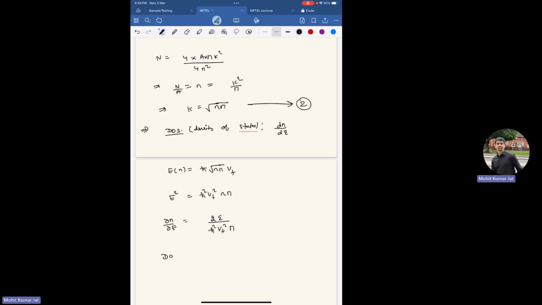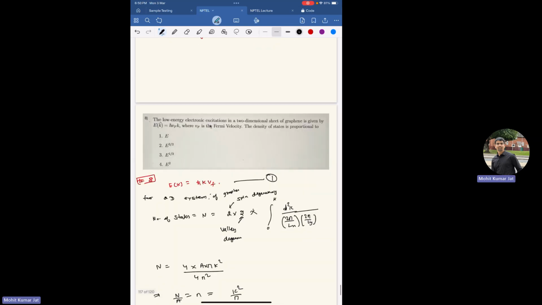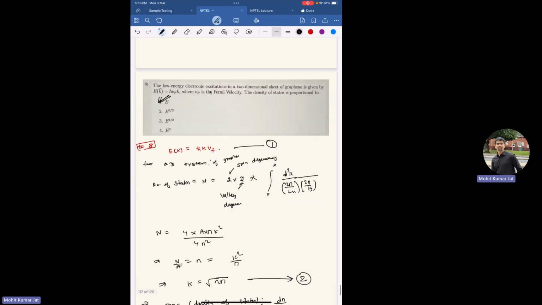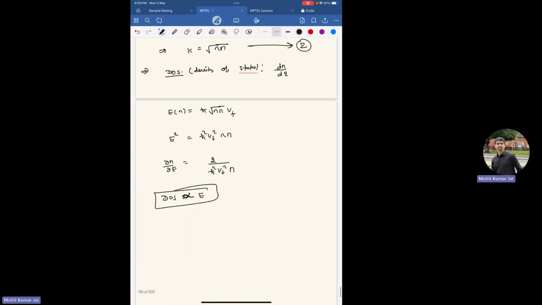So density of states is proportional to energy E. So the correct option here is 1. Density of states here is proportional to E. This is problem number 8 solved.